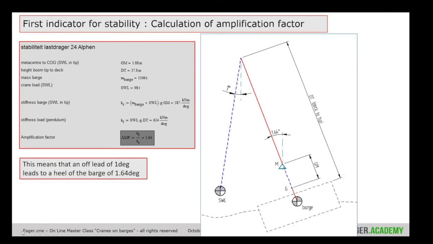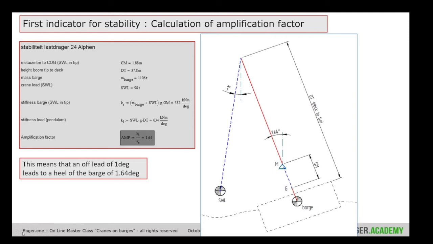What happens with the heel of your barge? There is a factor of 1.64 in between, and that factor says a lot more than only the GM value, because when that factor is low, you have a very confident feeling, and when this factor is as high as what you see here, then you don't have a very confident feeling.